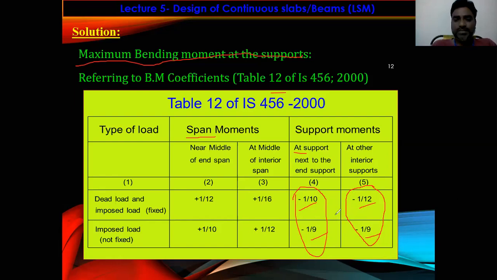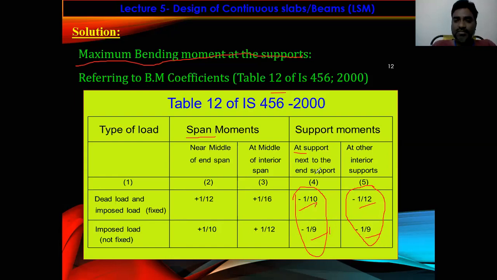This is just a simple observation. Whichever factor is higher, there you will get the maximum bending moment, because the load and effective span are constant. The only difference is this factor, right?